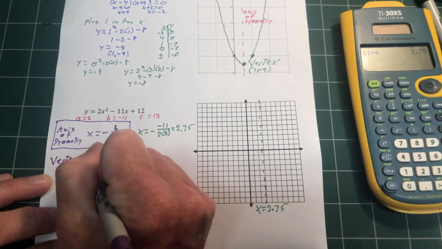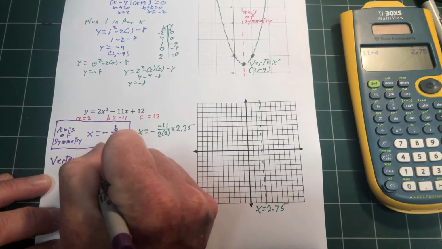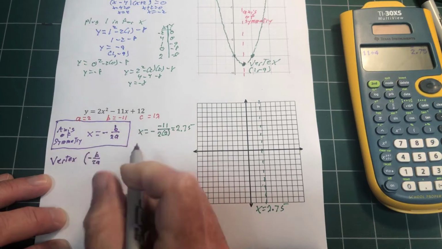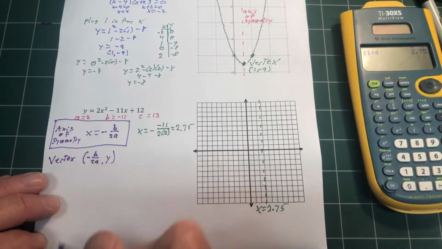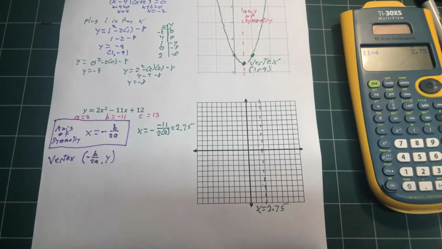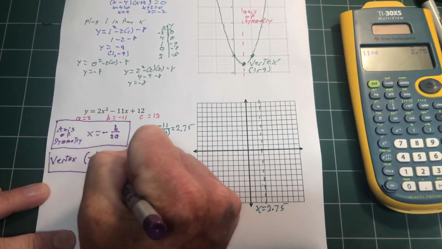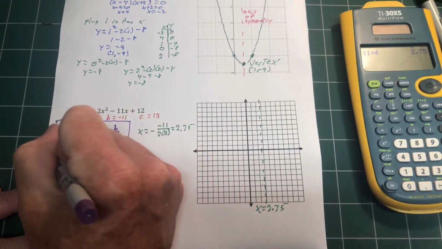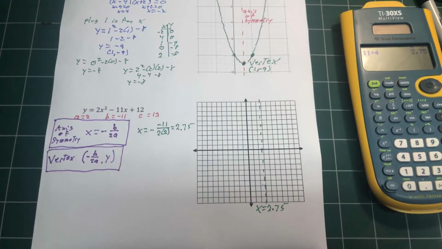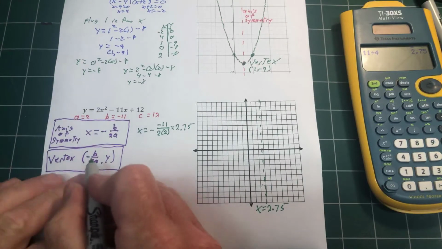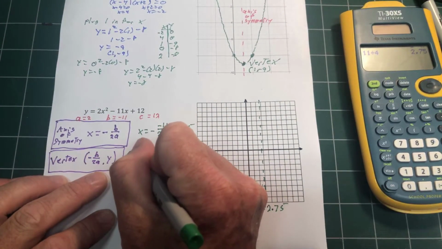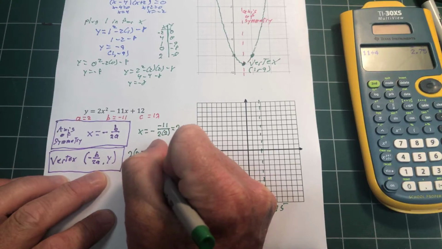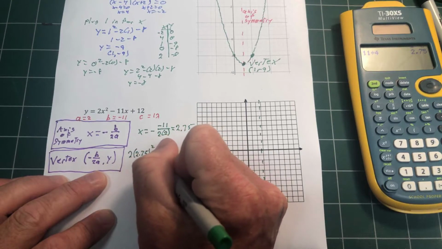That's the x value, right? So let's find out what that is. Negative b over 2a, I already said 2.75. So 2 times 2.75 squared minus 11 times 2.75 plus 12.